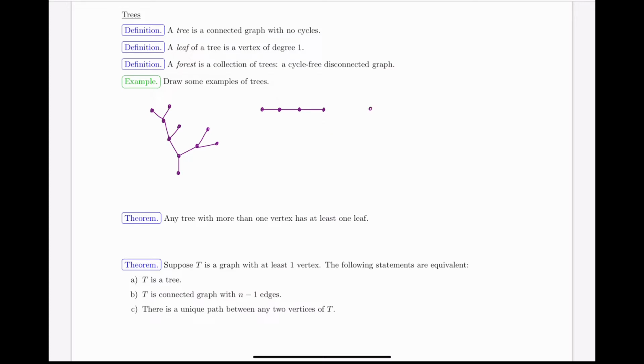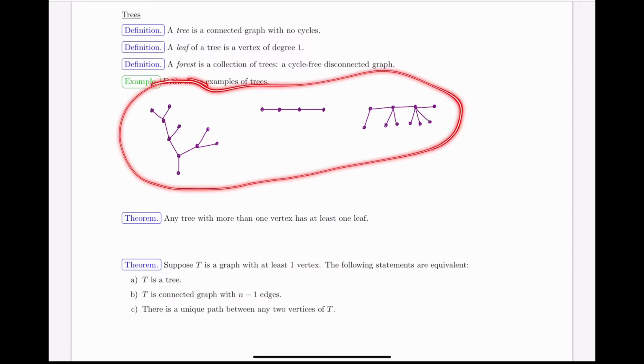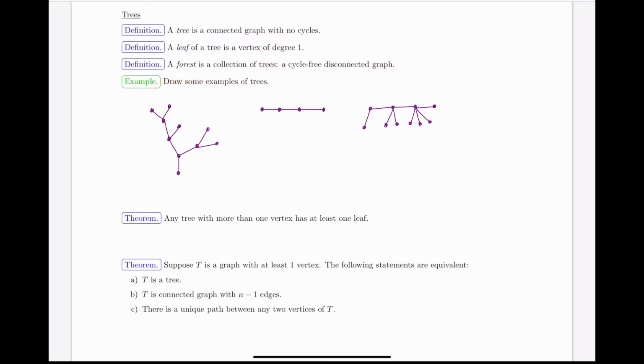Now, I can actually add more things to this graph without ruining the tree property. For example, it could be something like this. It's connected, it has no cycles, so this is still a tree. And if I think of the graph that is the union of all of these graphs together, then this will be a forest.